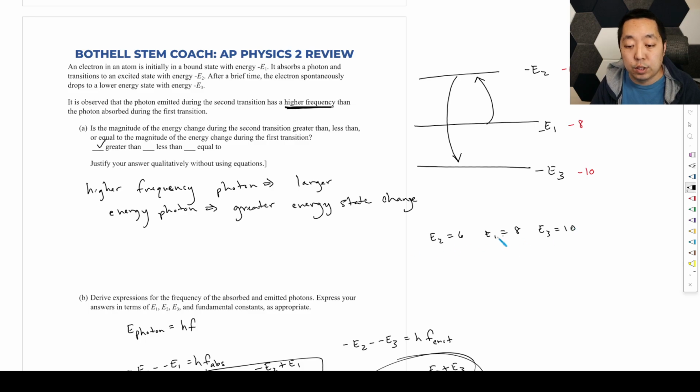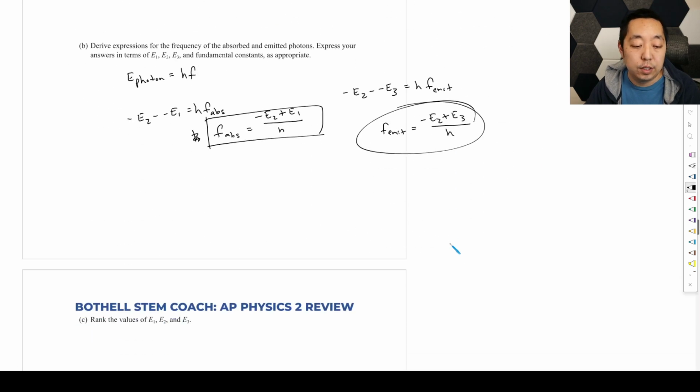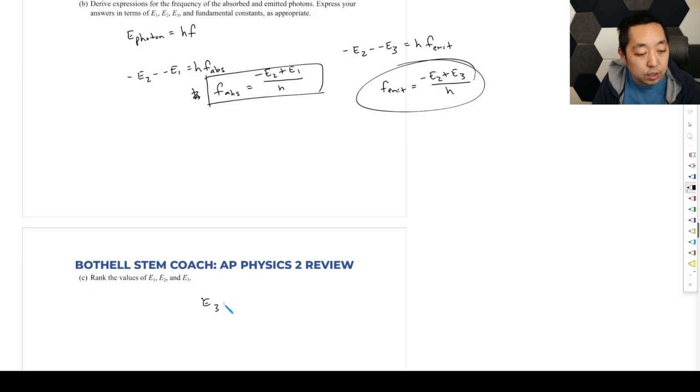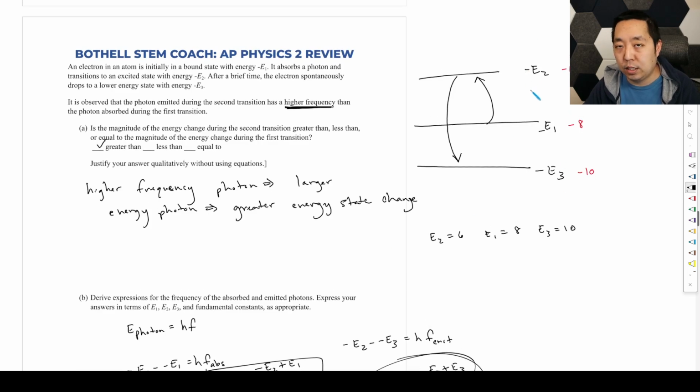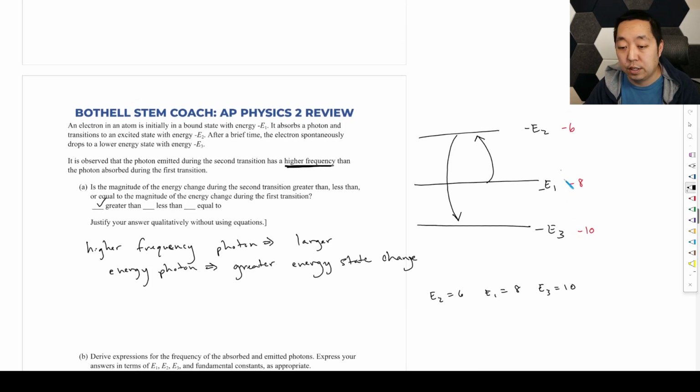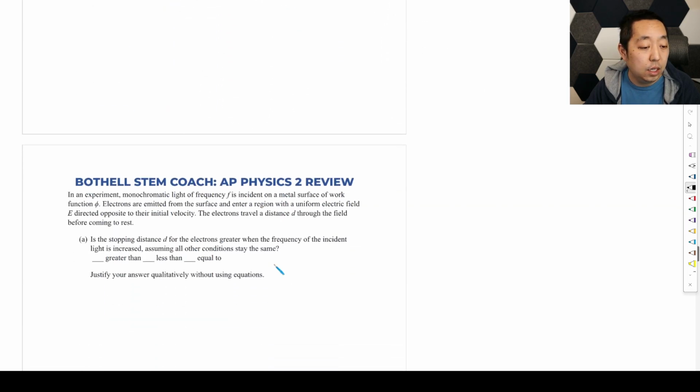Ranking those numbers, E3 is greater than E1, which is greater than E2. So sometimes if you can't rank them symbolically, just putting numbers in can be helpful, right?